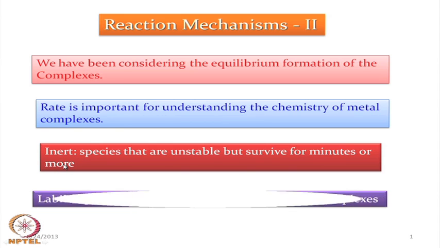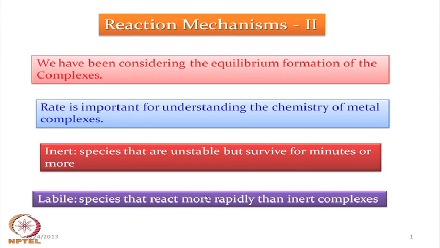But when a compound reacts more rapidly than inert complexes, we call it a very labile complex. So, some of these water molecules are surrounding the metal centers, or the corresponding aqueous complexes.